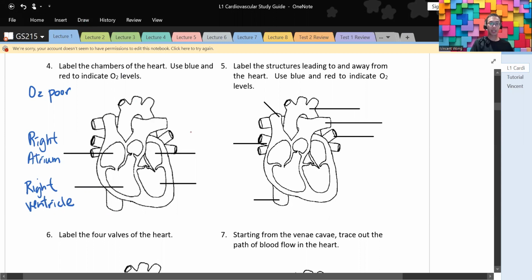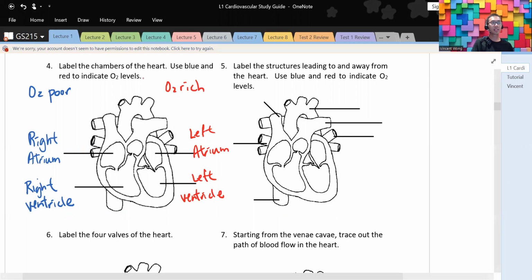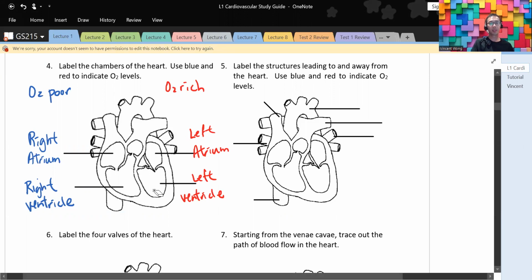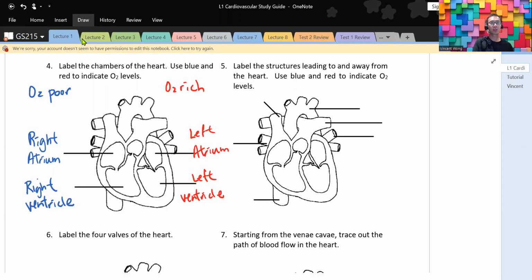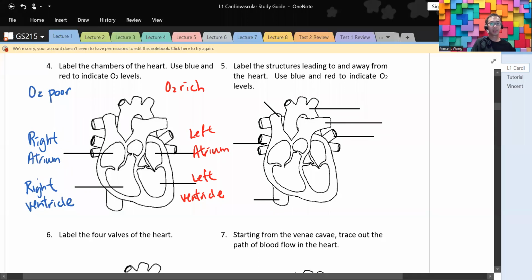So on the other side, we have the left atrium and the left ventricle. And these are going to be O2 rich. What separates the blood from mixing together? What is the structure that separates them? This thing right here, what do we call that? Septum.